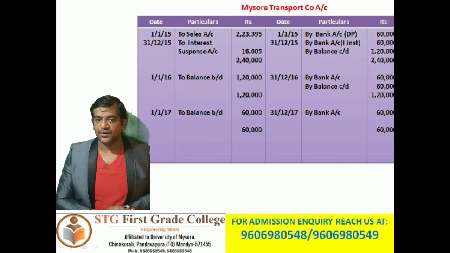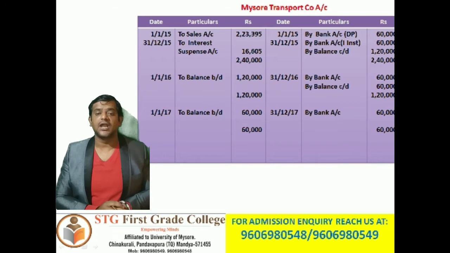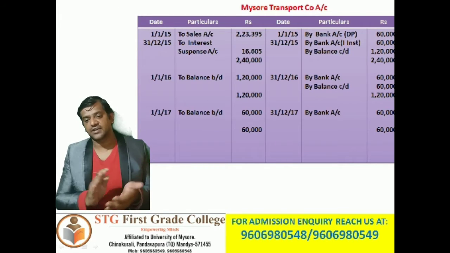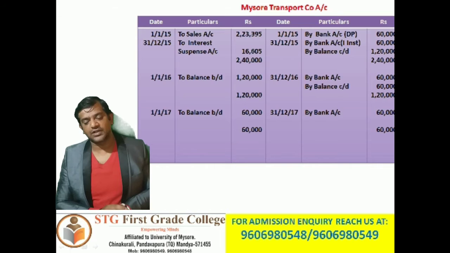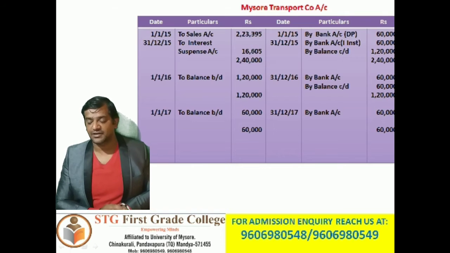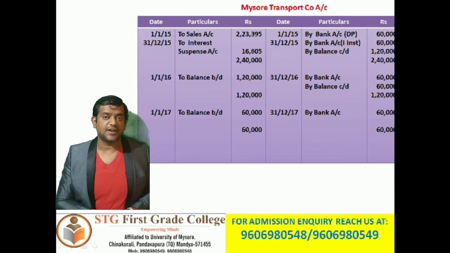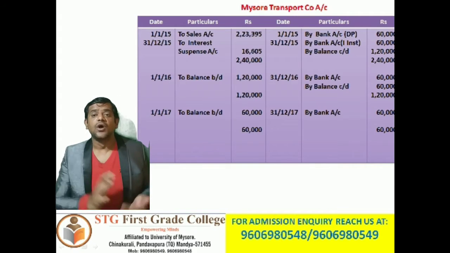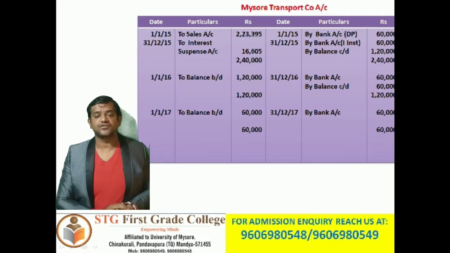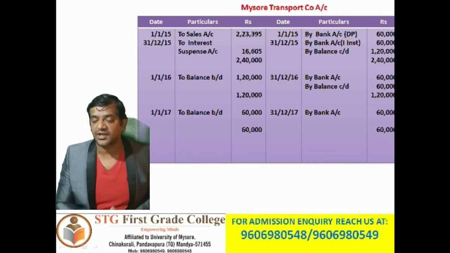Then 1/1/2017 to balance brought down 60,000 rupees, and 31/12/2017 by bank account 60,000 rupees. There is no amount left to carry down. So we are done with the Mysore Transport Company account.